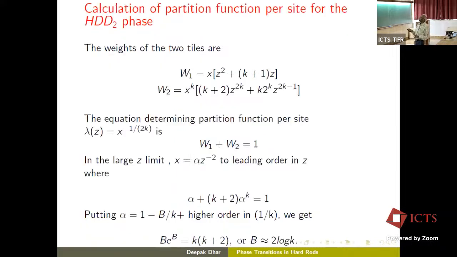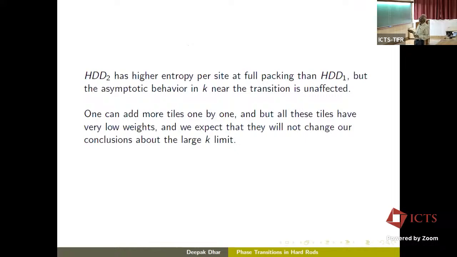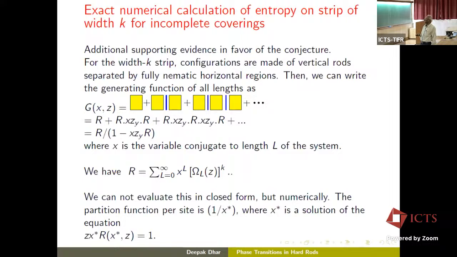Okay, and then you can calculate the weights W1, W2 and put the condition and then check. HDD2 has higher entropy at full packing than HDD1, but the asymptotic behavior near K is unaffected. One can add more tiles as before, and it doesn't seem to change the behavior.